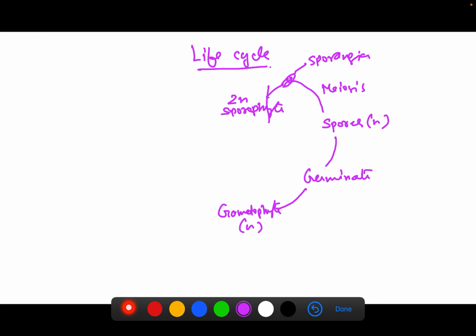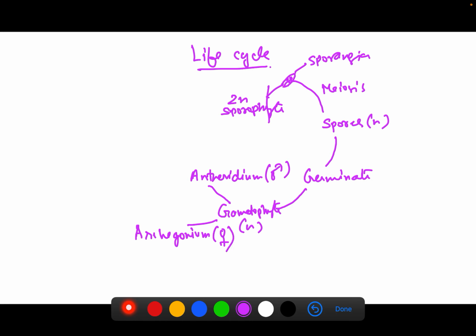So this is the end. These gametophytes will bear the reproductive organs. Which reproductive organs? The male reproductive organ, the antheridium, and the archegonium, which is the female reproductive organ.